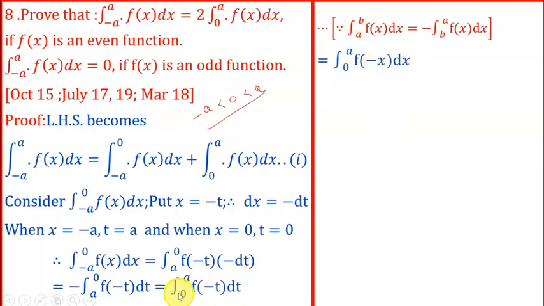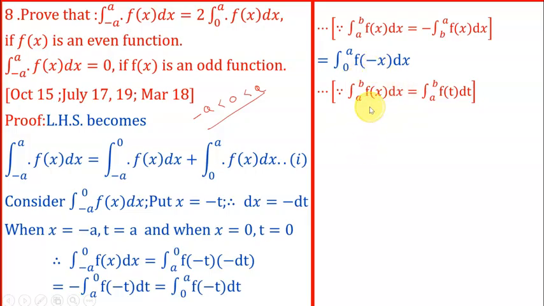Here we are again using the property of changing variable, because the functions are the same and the limits are the same, but we are changing only the variable. X is replaced by only t, and therefore this is the change of variable property.